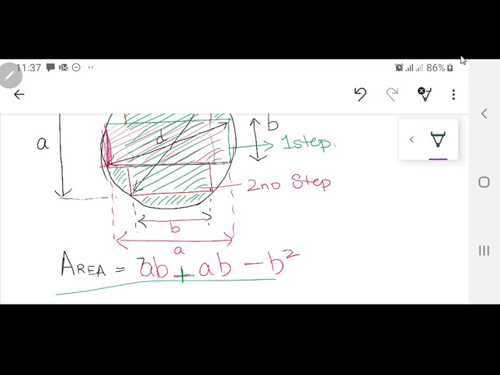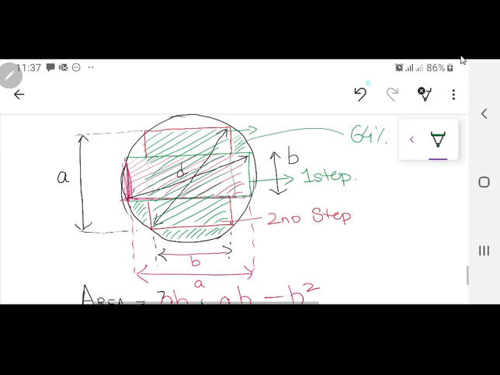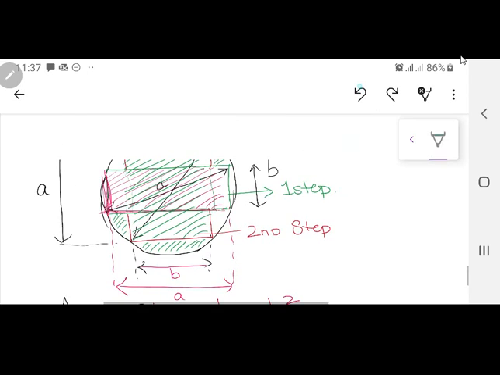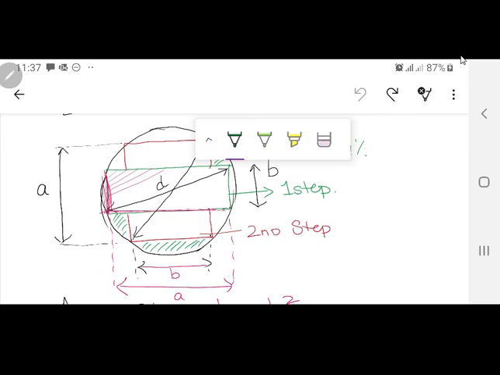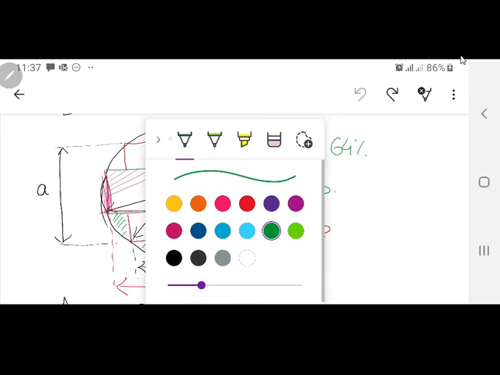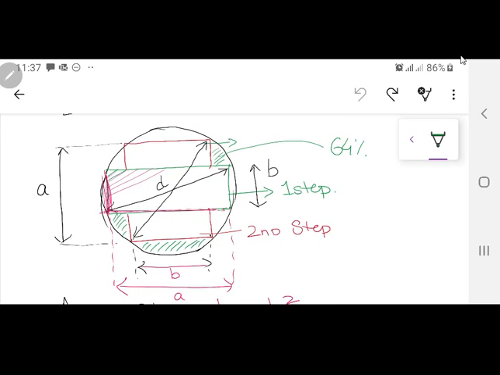Now, let me turn off this one. Wait a second. Okay, I have this one. This area, the green colored shaded region over here, in the center. इसका area क्या है? AB.